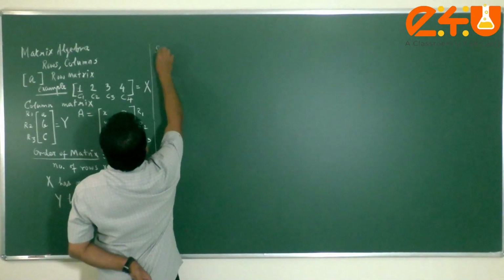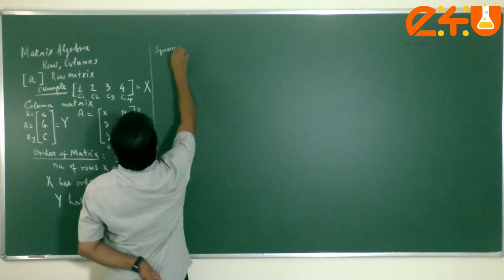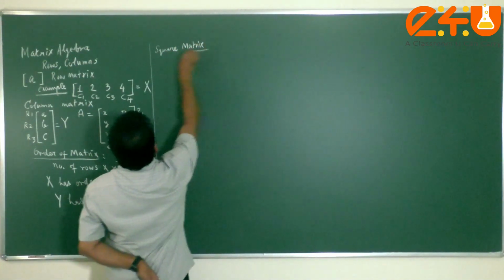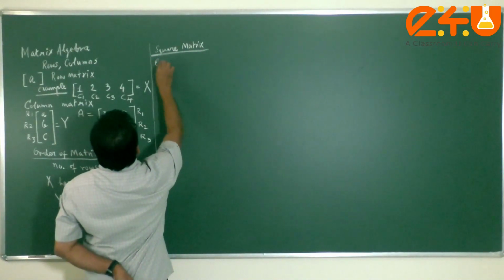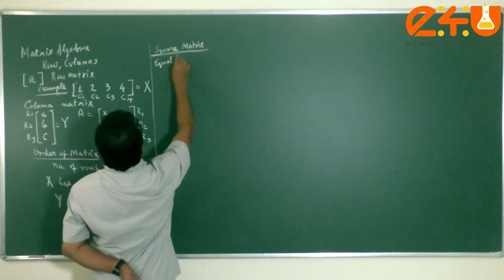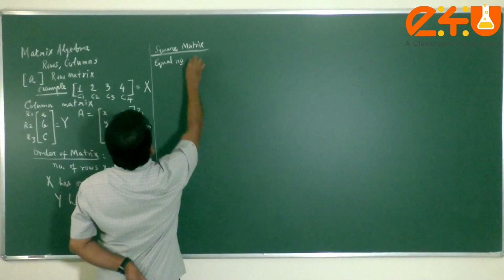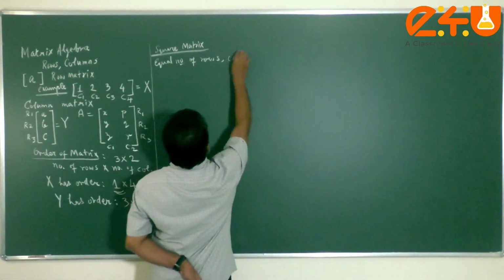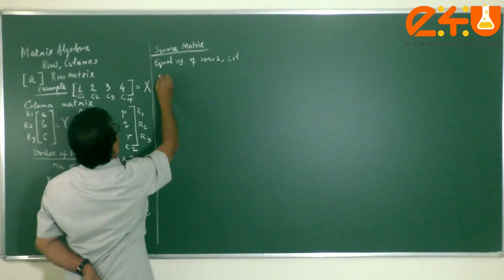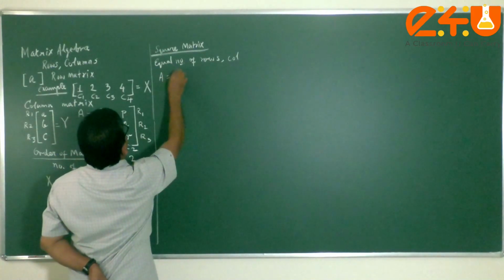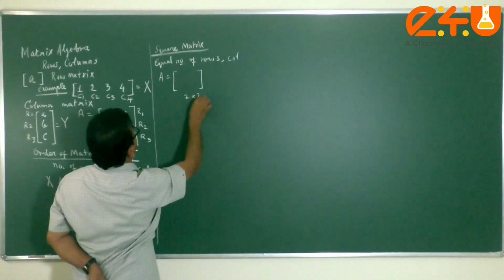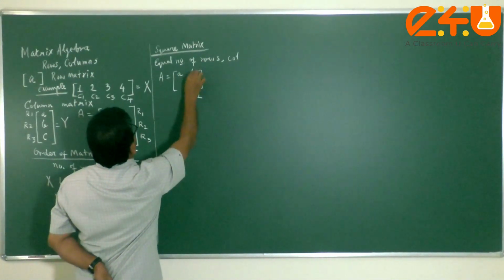A square matrix has equal number of rows and columns. So naturally you expect a matrix to be like this. Let me go back for a 2 by 2 matrix.